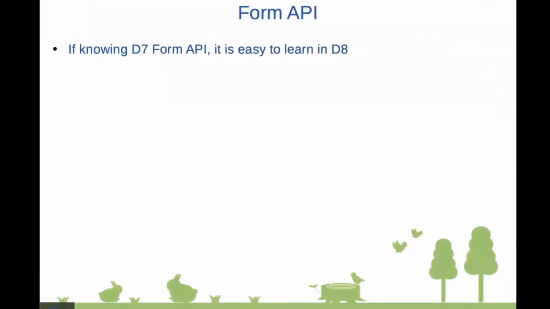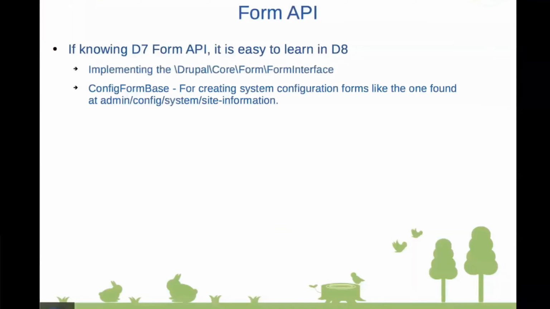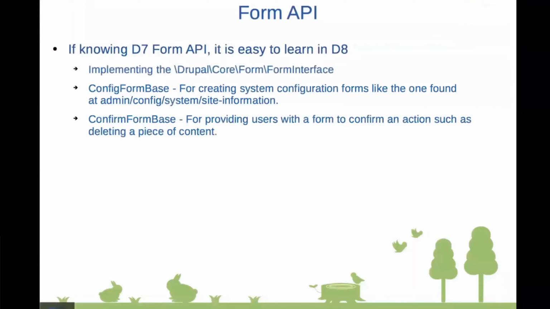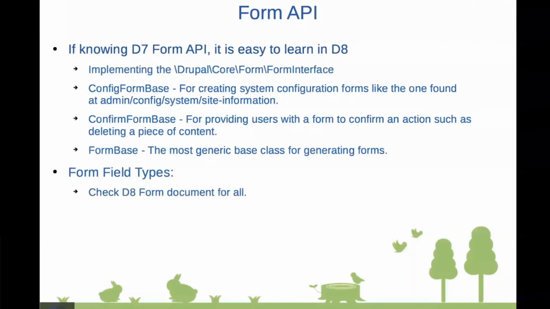Now I should end with the Form API. If you know Drupal 7 forms, it's perfect. You can reuse most of the knowledge from Drupal 7. The Form API has not changed much, but just changed to an object-oriented programming approach. This is a basic form you have to use. Extend or implement ConfigFormBase, ConfirmFormBase, FormBase, three things.